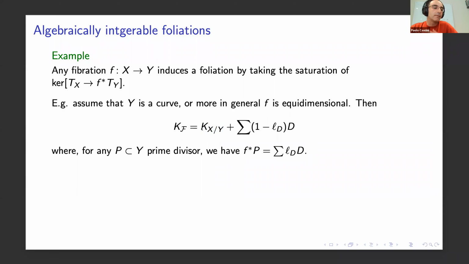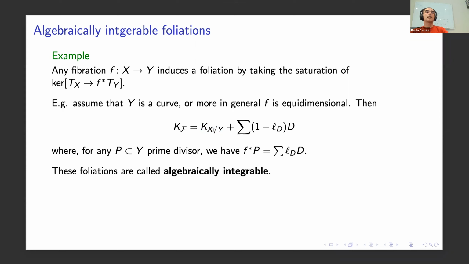We usually just take a relative minimal model program over Y, we don't really make this one for F, we just make it relatively over Y. So from this point of view, this is quite new, and we will see later some application of this, which leads to something new even in birational geometry. So as mentioned, these are called algebraic integrable foliations. They are very particular examples of foliations, but still very useful.